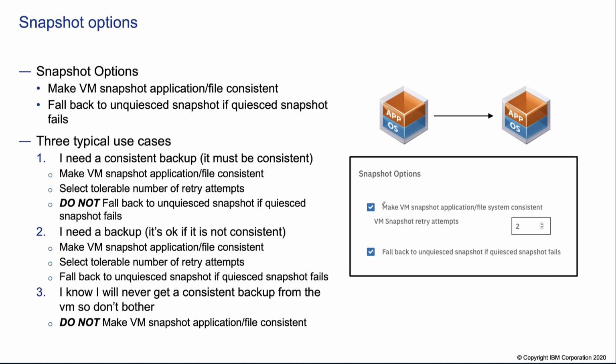So you uncheck this make VM snapshot application file consistent and leave the fallback with snapshot checked. So again, you have some snapshot options. You want to think about your use case. Are you the 'I need a consistent backup' administrator, or the 'I just need a backup' administrator? Or are you the all-knowing, 'I'm never going to get a consistent backup for this VM, don't bother'?